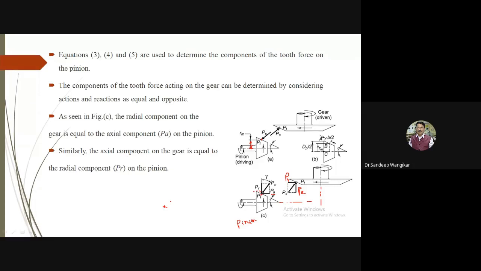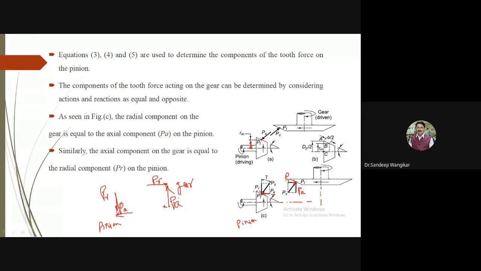In the figure, this is the radial component of the gear, which is equal to the axial component of the pinion. So this is your PR for the gear, equal to PA for the pinion. And this is your axial component for the gear, PA, which is equal to the radial component of the pinion.